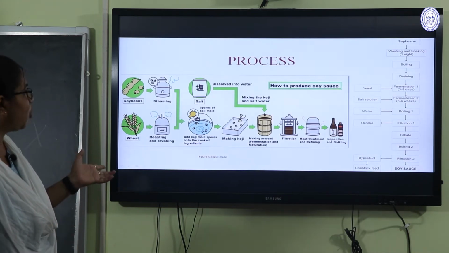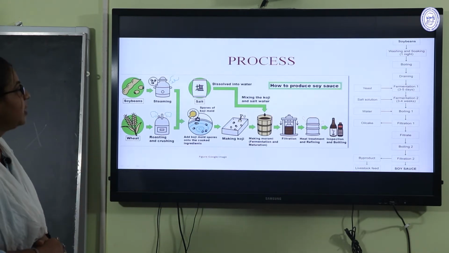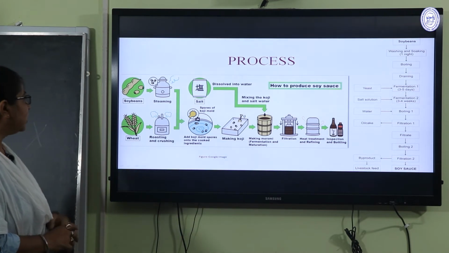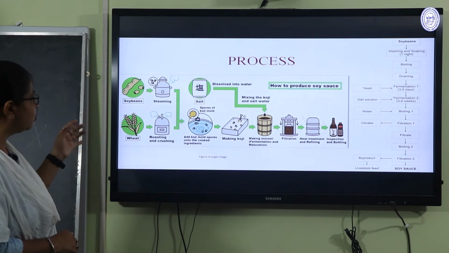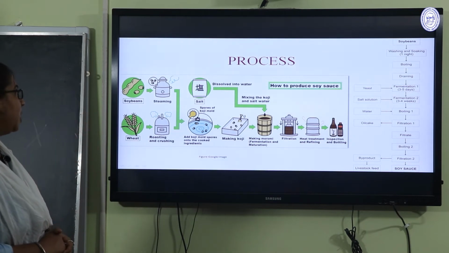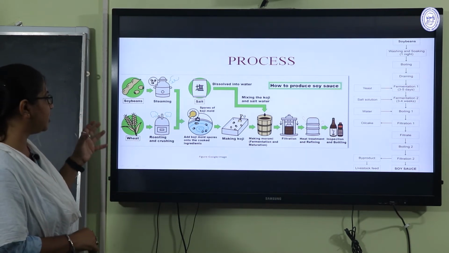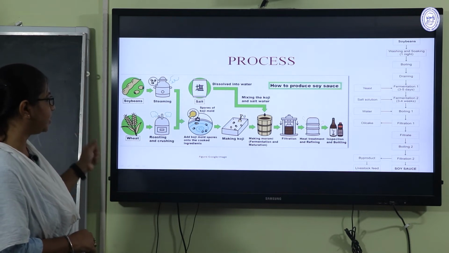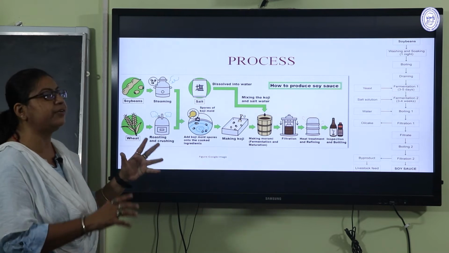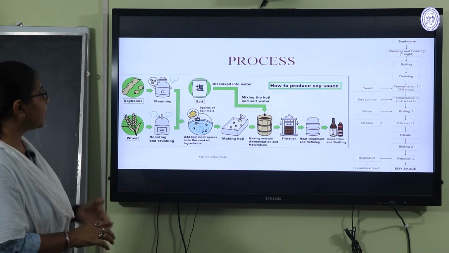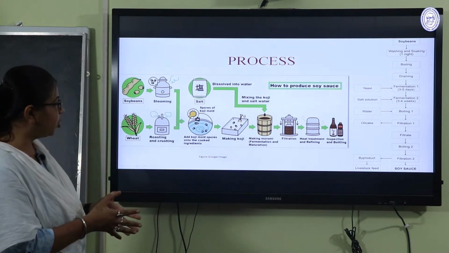So for the process of making soy sauce, we need soybeans and wheat. The soybeans are steamed, and the wheat is roasted and crushed. These steamed soybeans and roasted, crushed wheat are added to koji mold spores, and then the koji is produced.